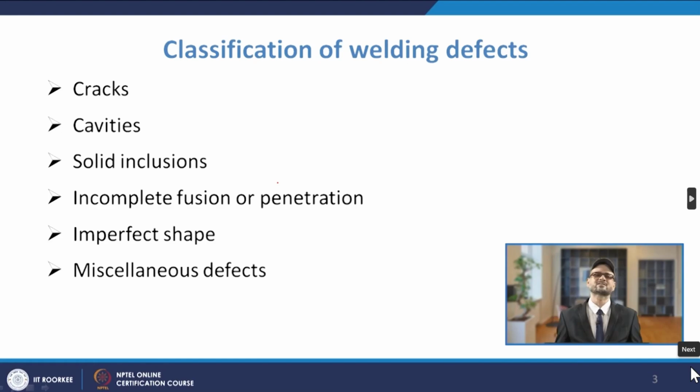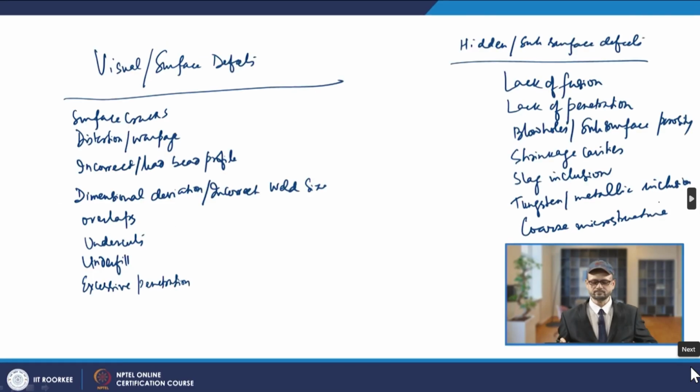Cracks include longitudinal cracks, transverse cracks, liquation cracks and solidification cracks, hydrogen cracking, and cold cracking. Cavities include porosities. Then there are foreign particle inclusions, incomplete fusion, incomplete penetration, improper shape, or other defects. These are the broader classifications.